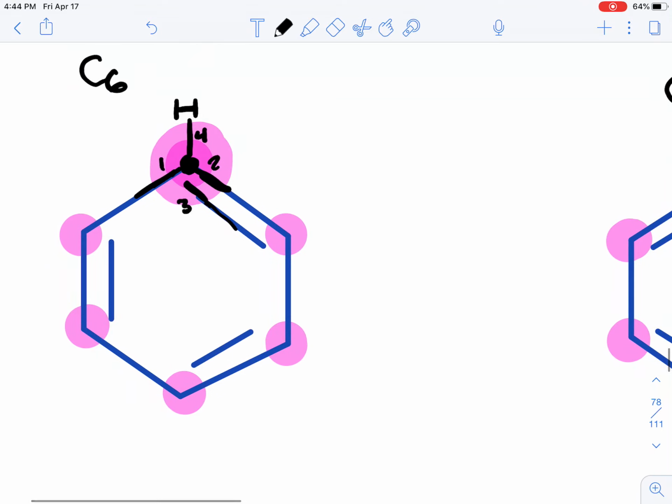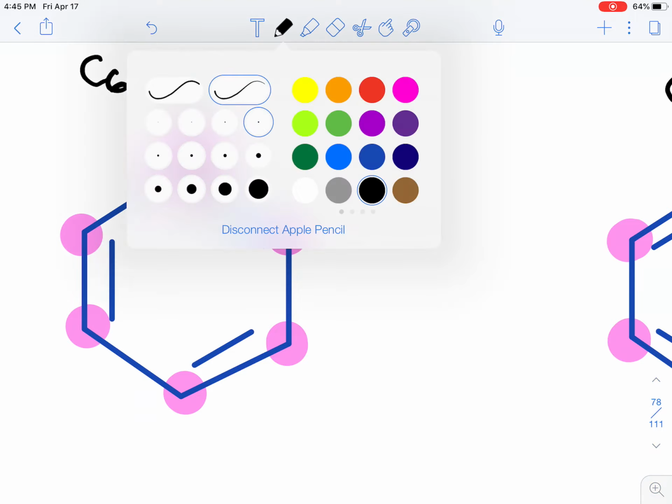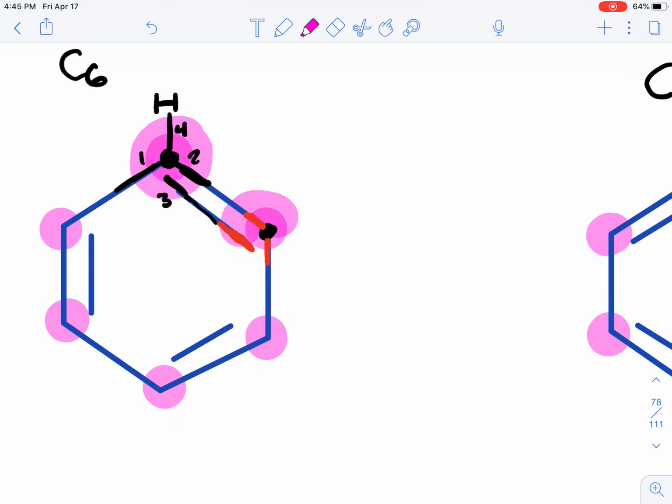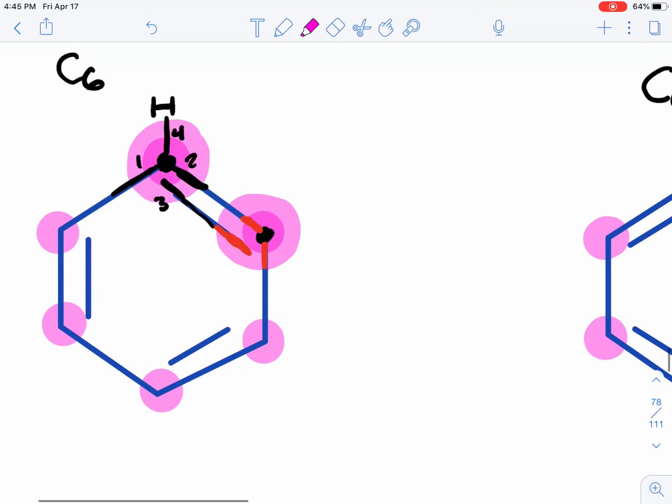Okay. And we're going to apply that same logic for all of the pink dots that I've highlighted. And so let's look at this carbon on the right. So notice that maybe I can do this in a different color. Maybe red will be better. So 1, 2 covalent bonds. And then this double bond also belongs to this carbon.